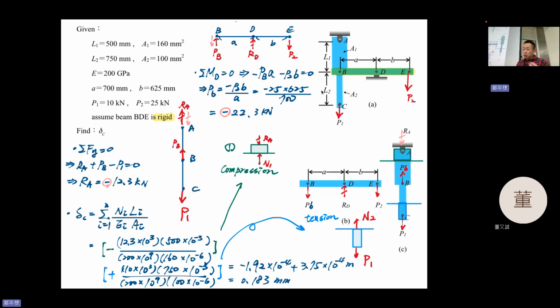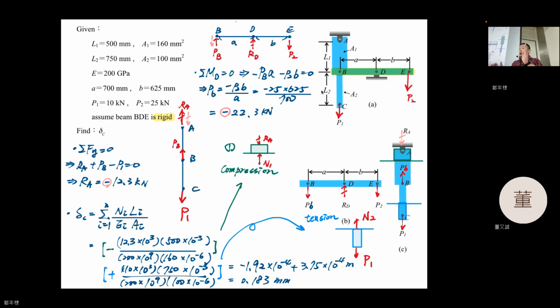PB will be the most important part: the two parts need to cancel each other, so the directions will be different, with the same value. That's the most difficult part, I think, in this example.